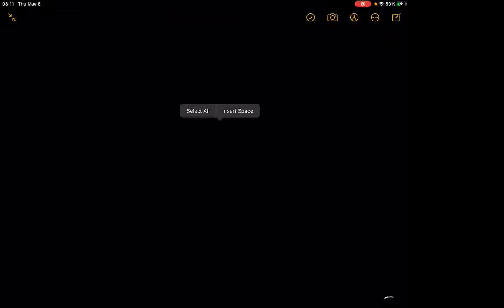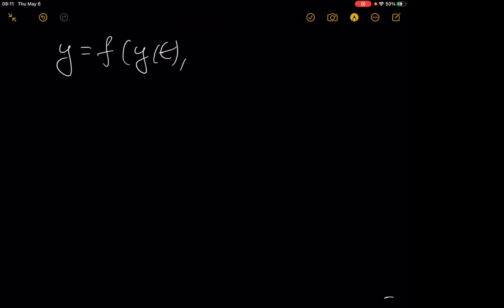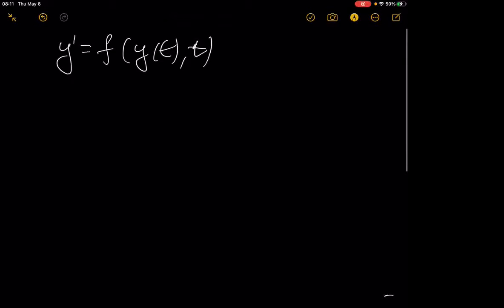So the idea is that, for example, the midpoint method. If we consider the following initial value problem.